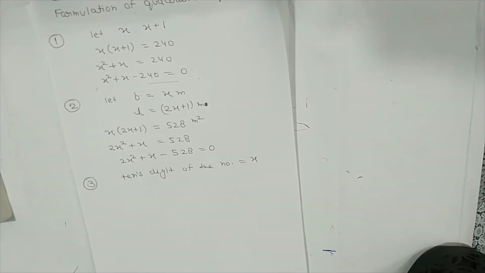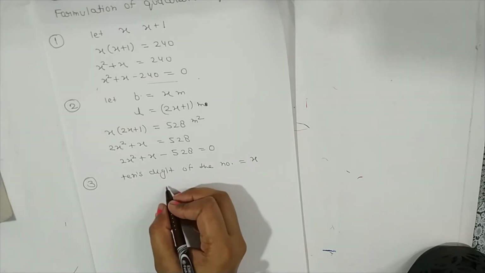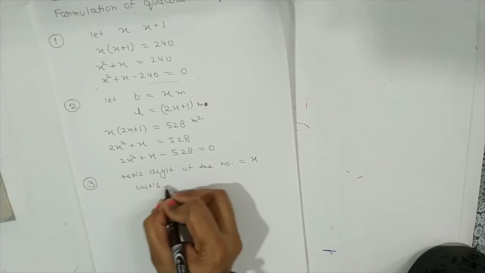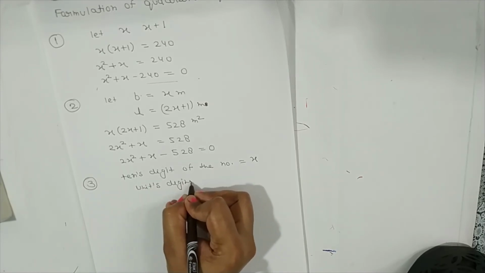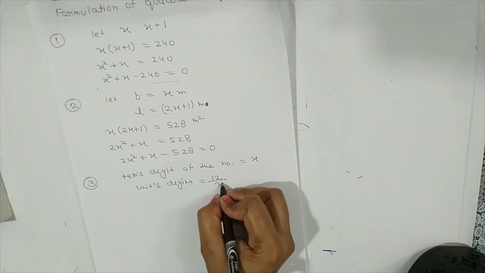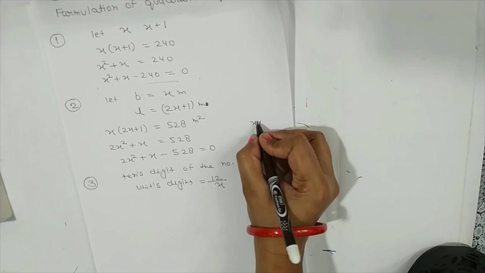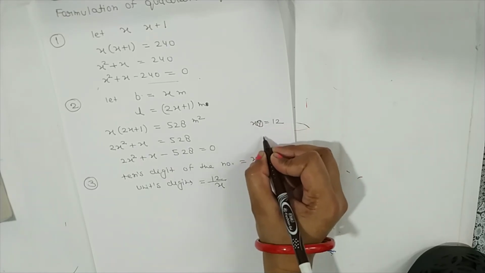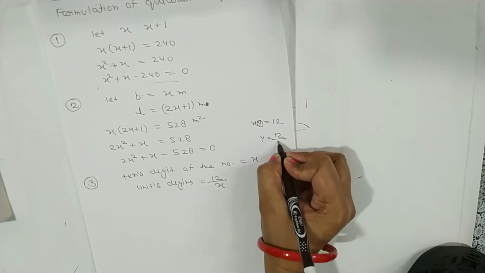Suppose its product is equal to 12. So what is the units digit? Suppose x into y is equal to 12. So y will be what? y will be 12 upon x.